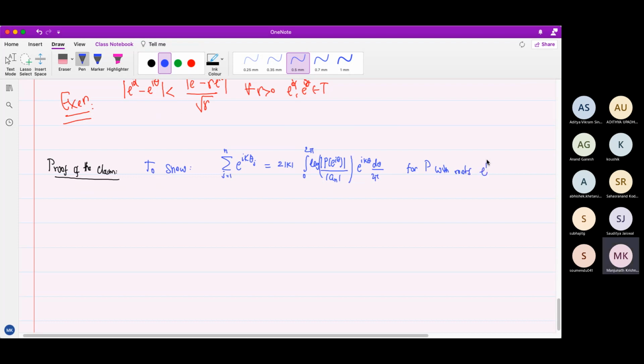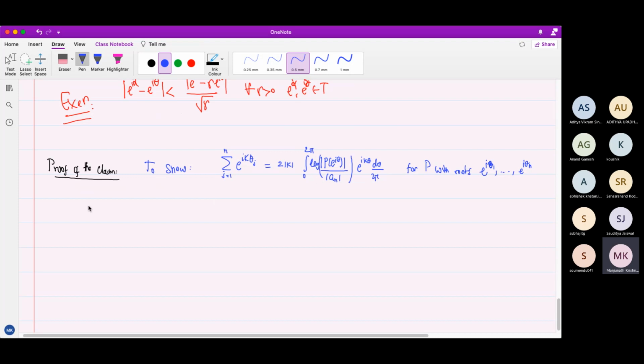So this was in the case where the roots are on the unit circle, right? e to the i theta 1 up to. Okay. So anyway, how do we show something like this?